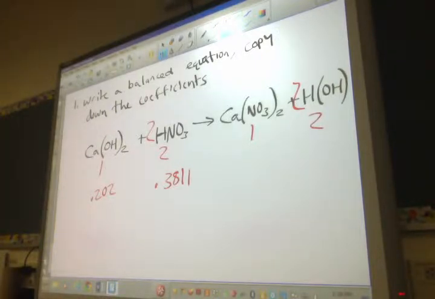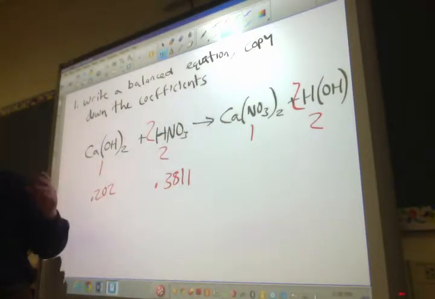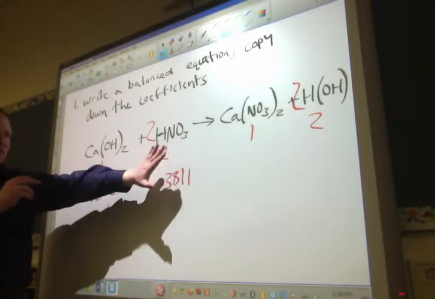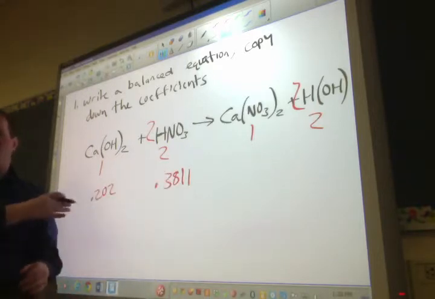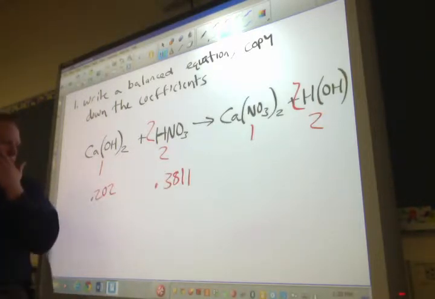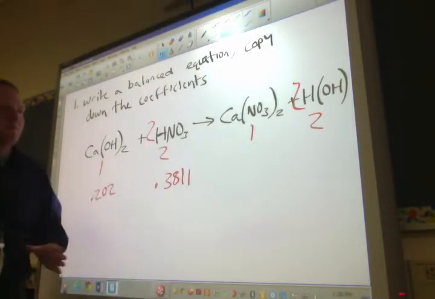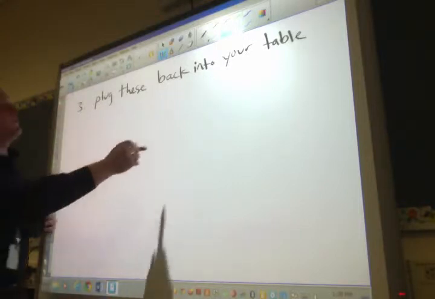So what we're going to do now, pick any one of these products, and you need to find out how much of it I would get if I had just this, ignoring this, and how much I would get if I had just this, ignoring this. Okay? So let's choose this one. You can choose whichever one you want. In fact, let me write this down. We'll get all the steps in order.